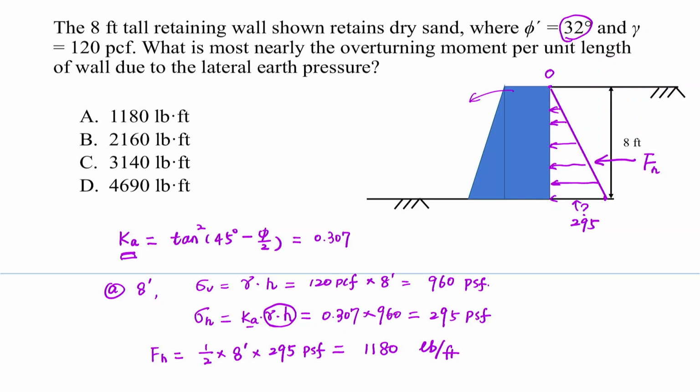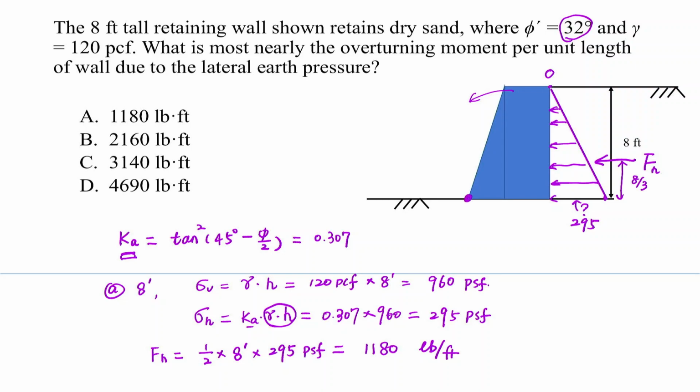So for the moment, we know the FH is about 1180, and the location would be a third from the bottom of the wall, and that is 8/3. For the overturning moment, we are typically considering the overturning point to be here.